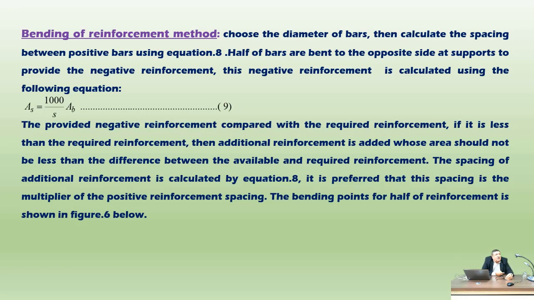The spacing of the additional reinforcement is calculated by equation 8 also. It is preferred that this spacing is a multiple of the positive reinforcement spacing. The bending points for half of the reinforcement are shown in figure 6.